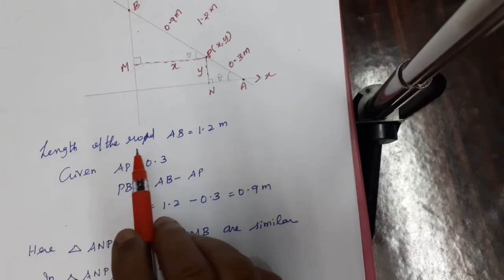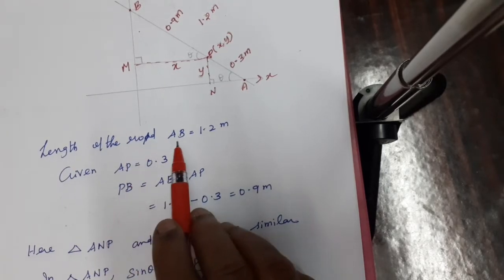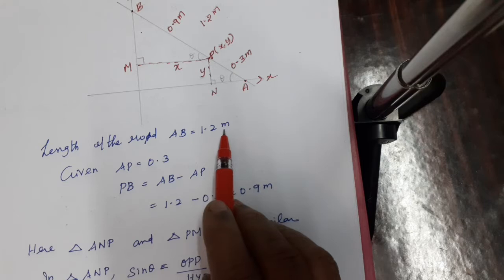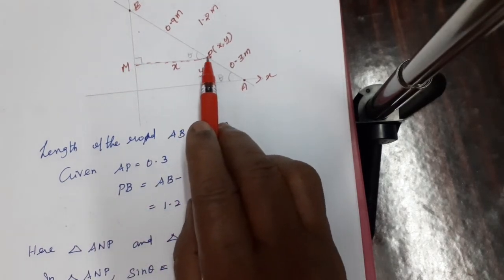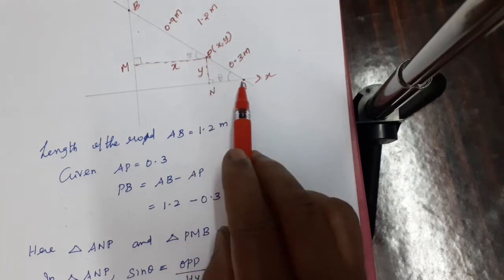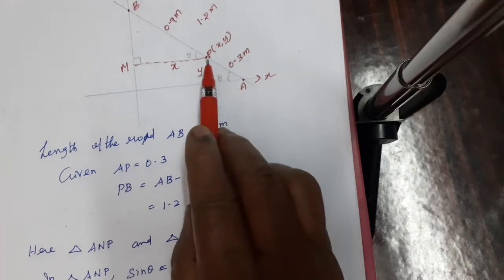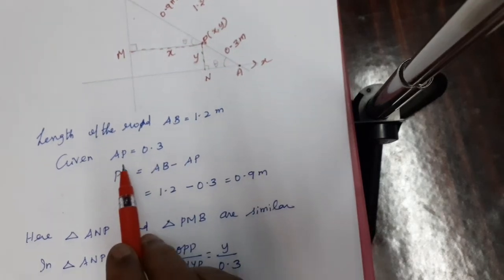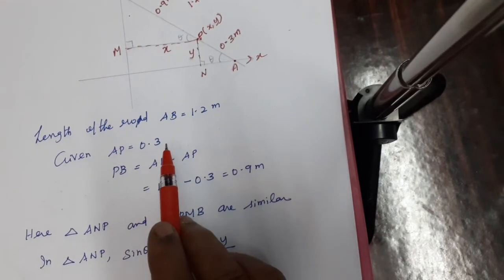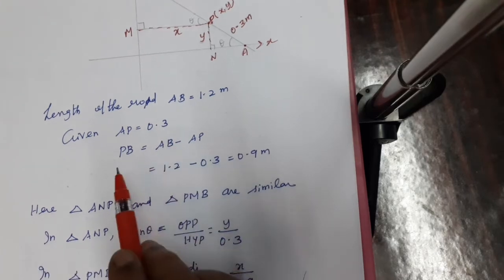See, the length of the rod AB is equal to 1.2 meter. AP is given, because the locus point P is 0.3 meter from the x-axis. Therefore, AP is 0.3 meter.